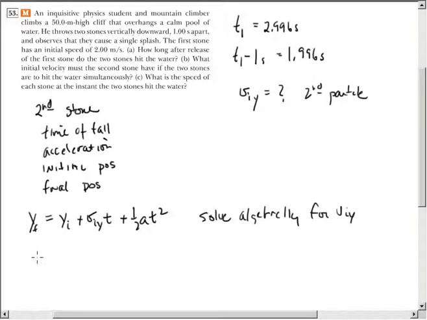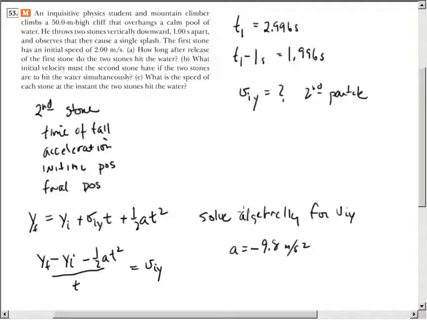That's simply going to be VIY equal to YF minus YI minus 1/2 a t squared, all over t. Now we'll put in A equal to minus 9.8 meters per second squared.